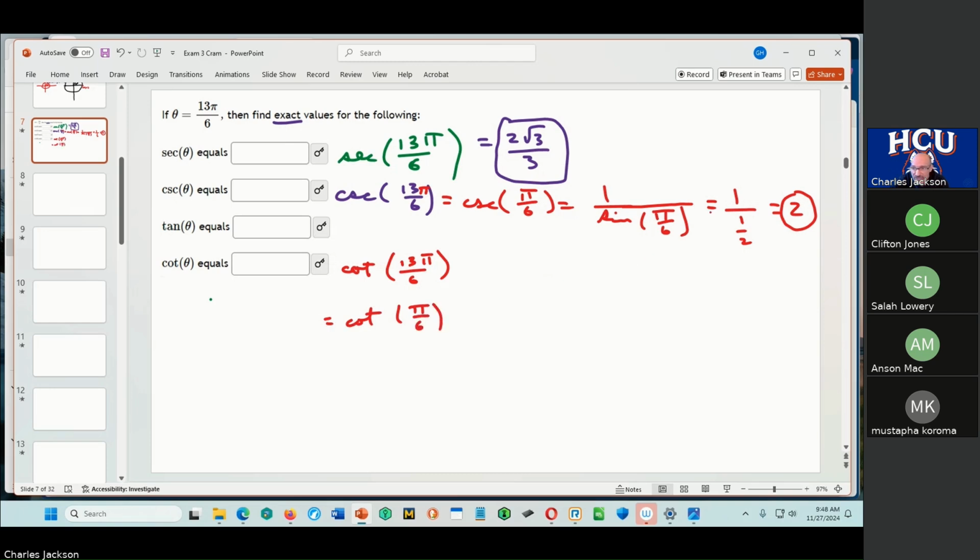Now, I was thinking about using these numbers to do that, but I think it's just easier and simpler just to say x over y. Cotangent of any angle is just x over y.